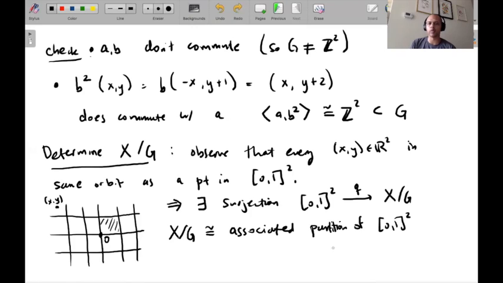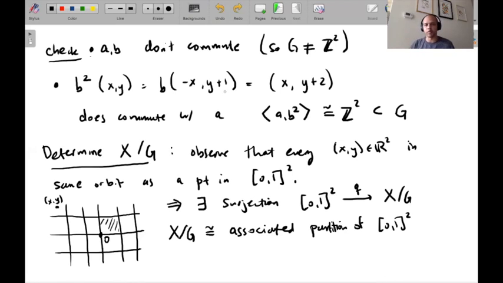And so if we want to identify this quotient, let's just think about what partition we get here. The first thing to say is that no two points in the interior of the cube are identified, are in the same orbit, because A moves things outside.